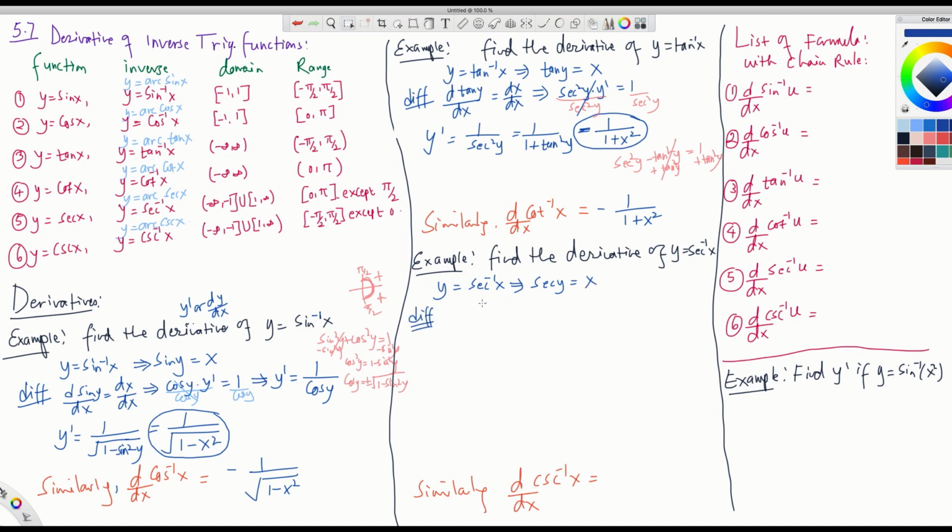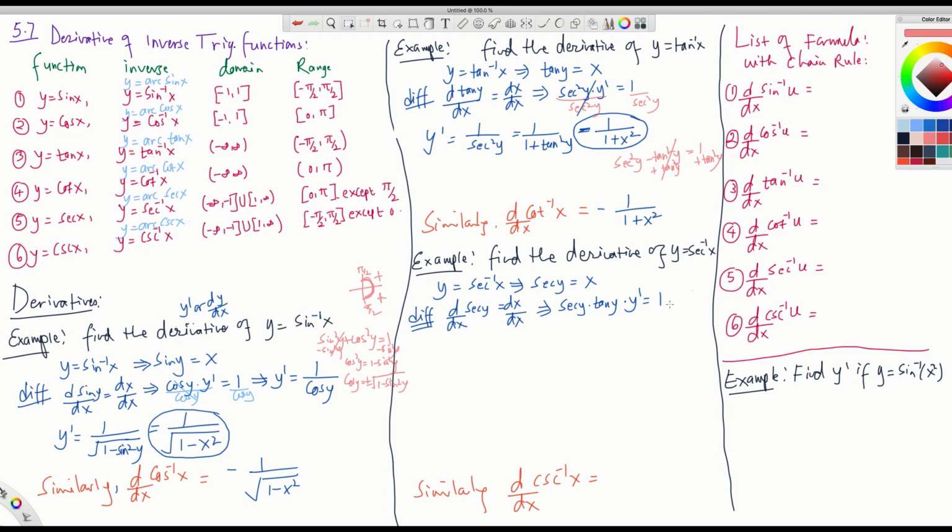If you differentiate, you will get d over dx of secant y equals dx over dx. I'm differentiating both sides. Now see, for the secant, the y and x don't match. So the derivative formula will be secant y times tangent y times y prime equals 1.